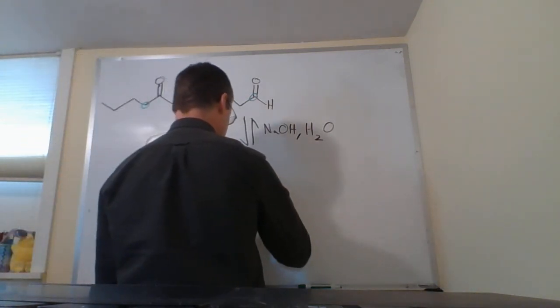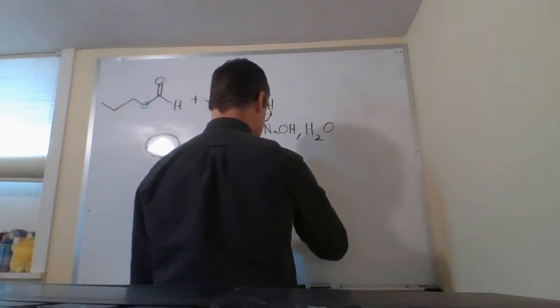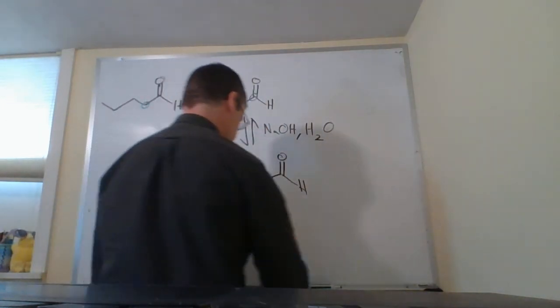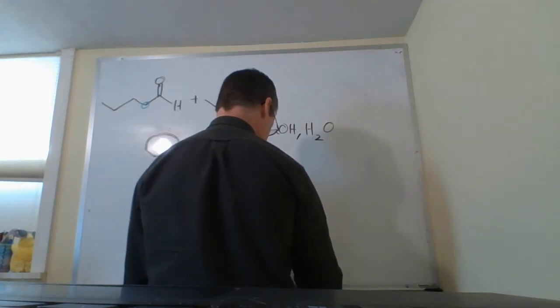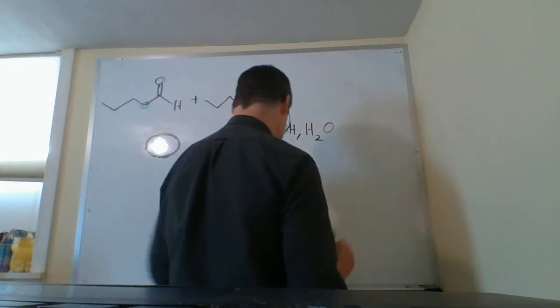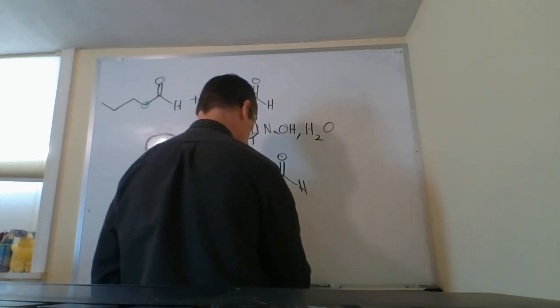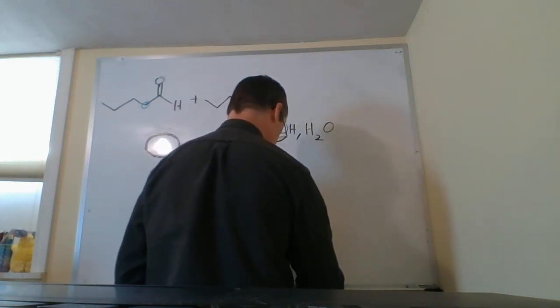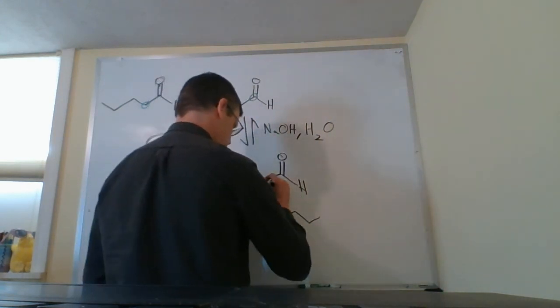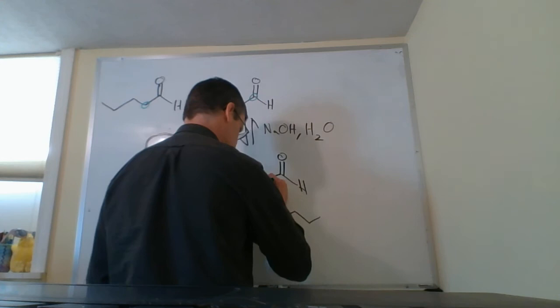The way I like to do this is put one of them here, and then flip the other one over like this. Make sure I haven't lost any carbons. Don't lose carbons. 1, 2, 3, 4, 5. Here's the new CC bond right here.